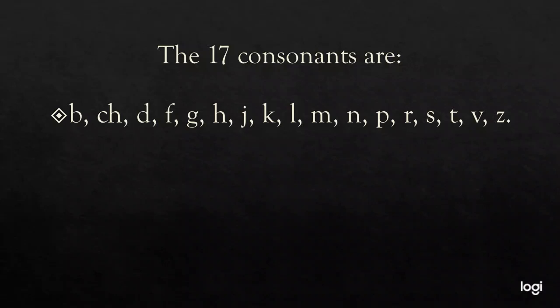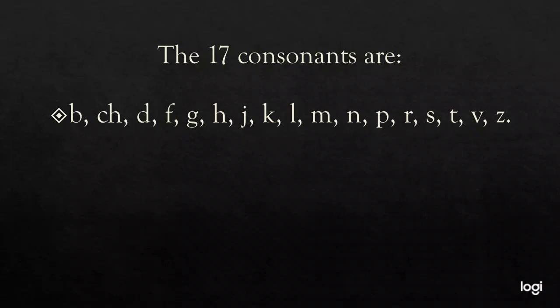So the 17 consonants are, for those of you who are Haitians, and for those of you who are non-Haitians, English-speaking people, not natives, you should take notes and write it down.